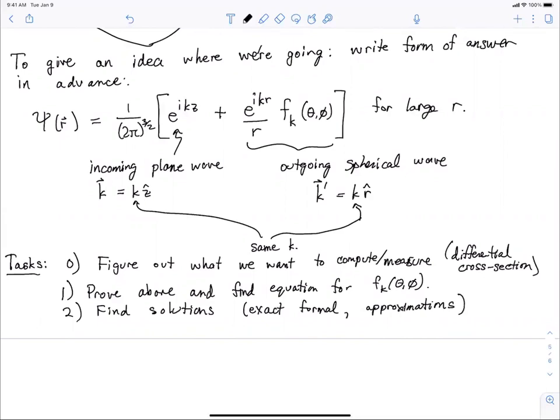And then we'll sort of go back to task 0 again, which is to interpret the results in terms of observable quantities, namely the cross-section, the differential cross-section. Okay, so that is our goal going forward.